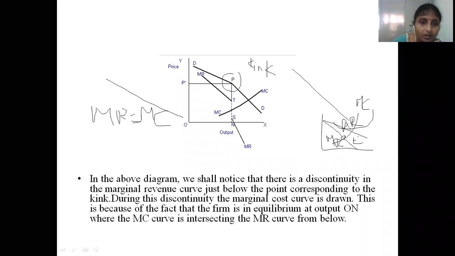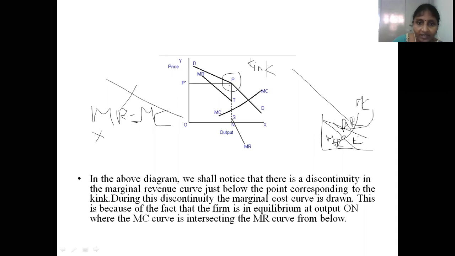This is not going to hold in the oligopoly market. In the oligopoly market, your marginal cost curve is cutting through where there is a break. It is not intersecting the curve. So the principle of MR equals MC does not exist in this oligopoly market. That is the main point you have to observe here.